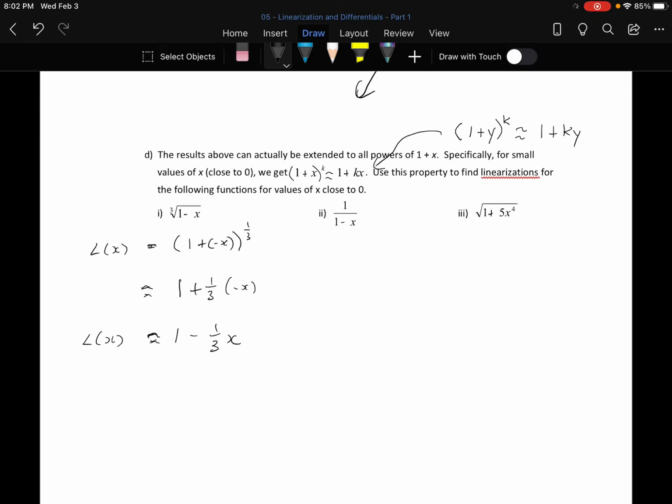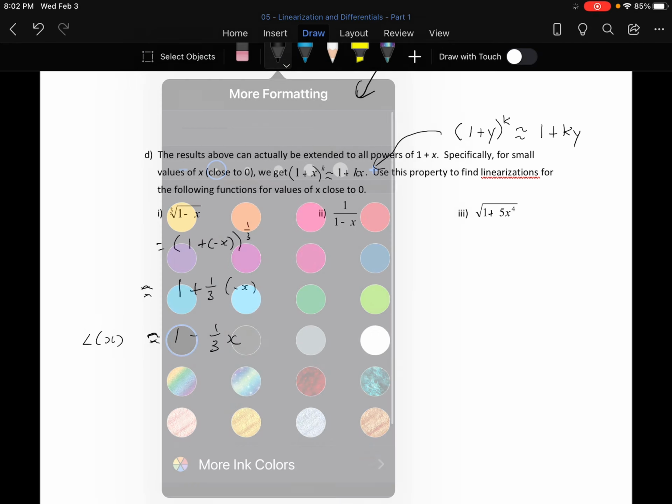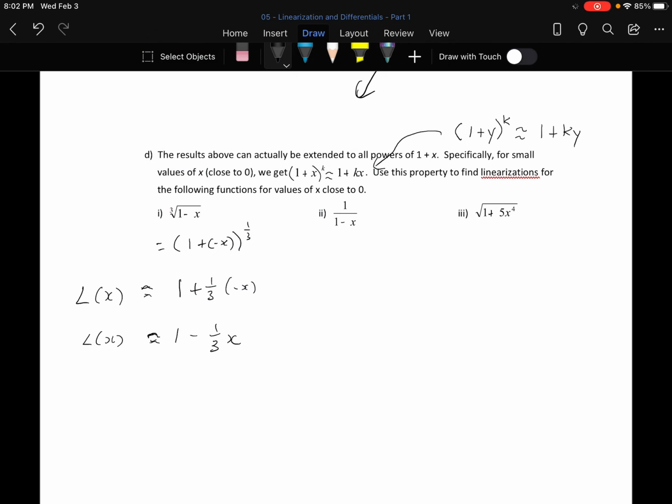Let's try another one just to really get the feel for that again. I got a little carried away with my linearizations there. This is equal to 1 plus negative x to the negative 1. You see my formula for linearization asks for 1 plus something, so I make it into 1 plus negative x.